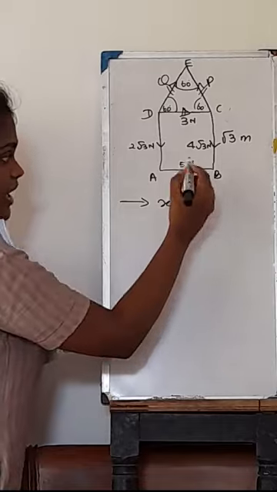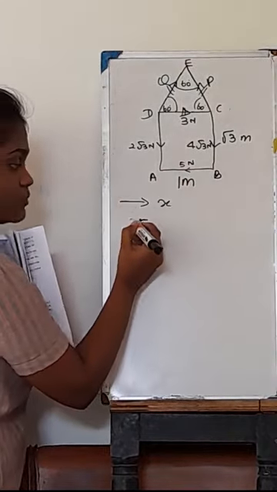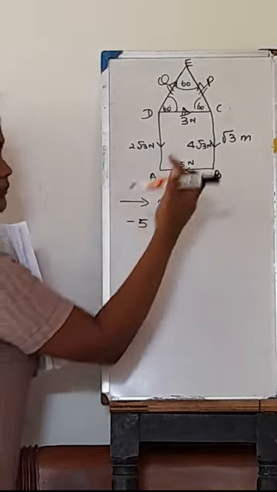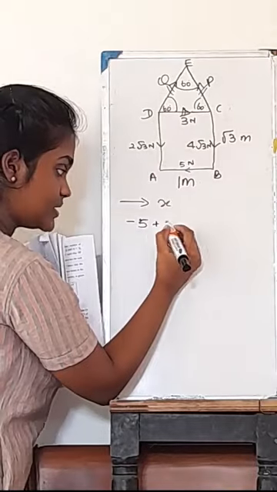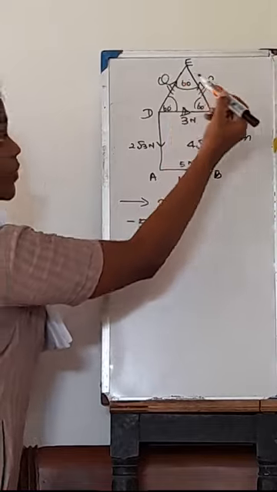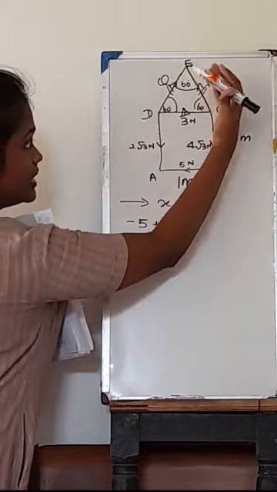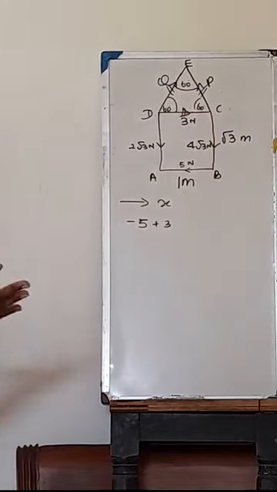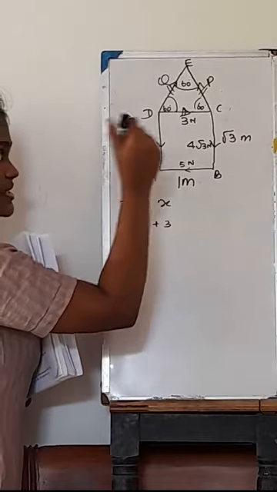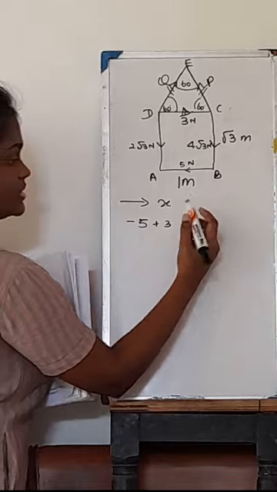So for this, we can use 5 newtons. But the sign should be minus. Why? Because the direction is to the opposite side. Then we can take 3 newtons plus 3 because it goes to the same direction. Then we can take P and Q. So if you take P, it's P cos 60 because when you resolve P towards the angle, it's cos, and since the angle is 60 degrees, we take P cos 60.